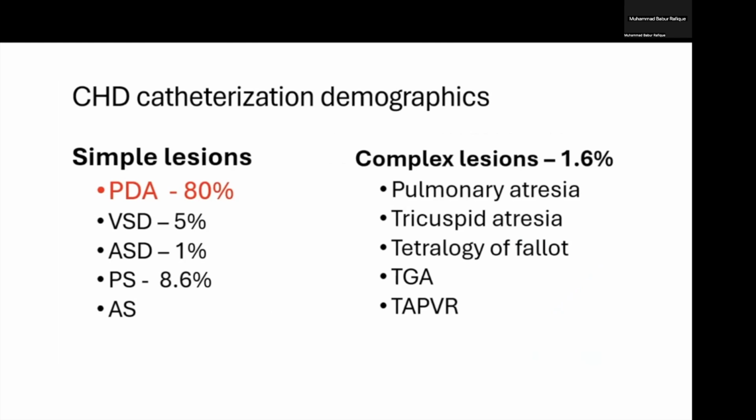We also have 1 or 2 aortic stenosis cases. We only have about 1.6% complex lesions, such as pulmonary atresia, tricuspid atresia, TOF, TGA, or TAPVR. These kids typically get BAS, balloon atrial septostomy, or PDA stenting if needed, or RVOT stenting.